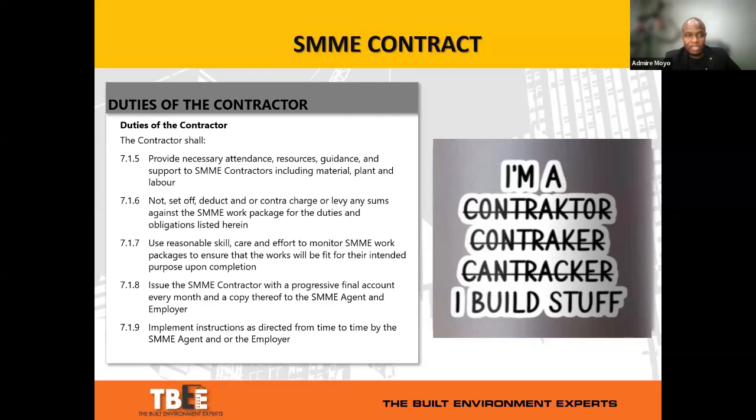I think one other key duty is to issue the SMME contractor with a progressive final account every month and a copy of that account to the SMME agent and the employer. What's important there is that you engage an SMME contractor for a package, let's say for brickwork, and that trade is worth $1 million.